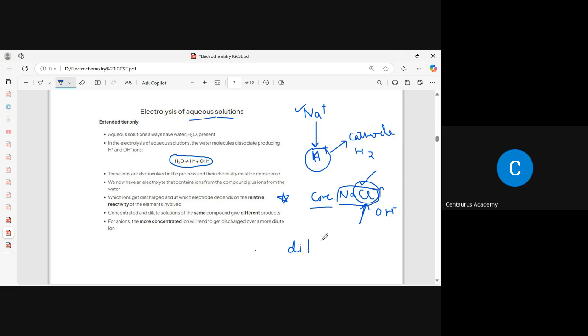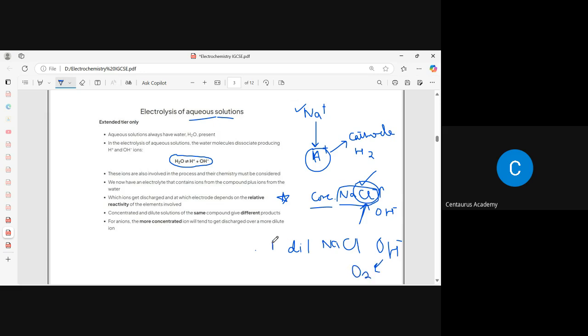But in case you have, supposedly, dilute hydrochloric acid, or aqueous dilute sodium chloride, this means that you have a lower concentration of the solute, which means that chloride ions are fewer as compared to hydroxide ions. And hydroxide ions get a chance to be deposited, and wherever hydroxide ions are deposited onto the anode, they produce oxygen gas.